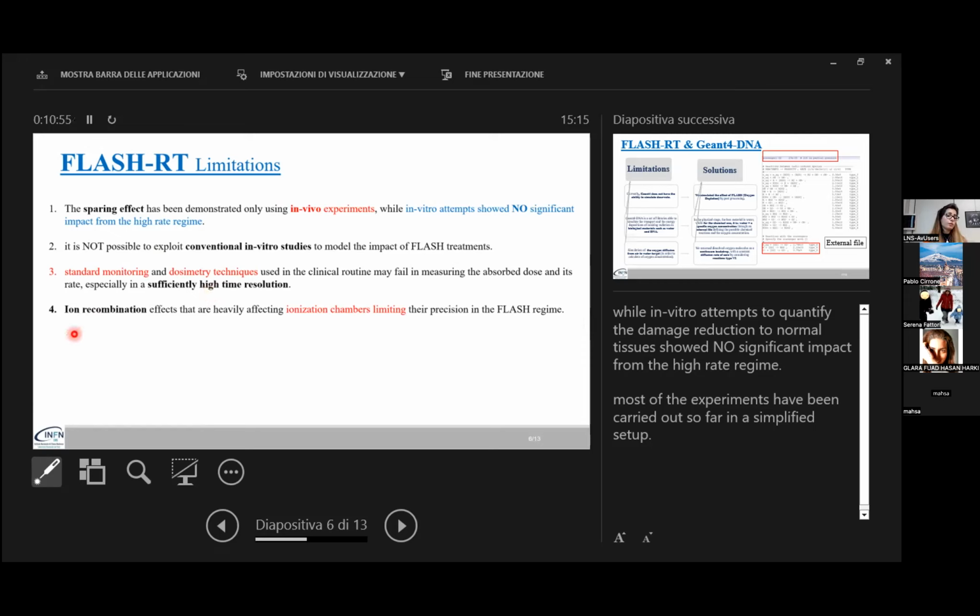And the most important of them is related to ion recombination. Ion recombination is very significant for the ionization chambers, and it limits the accurate response of this equipment in the FLASH regimes.